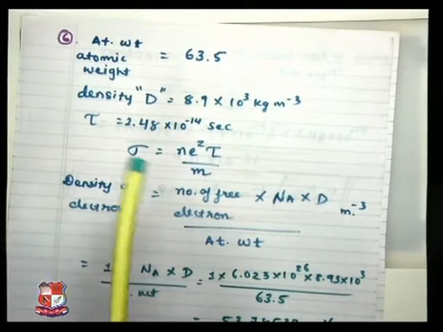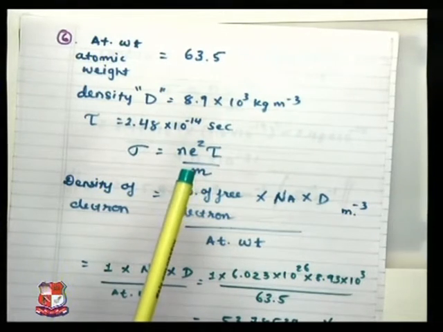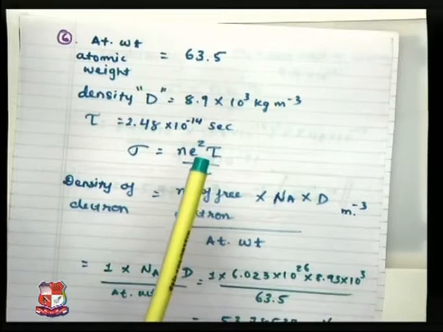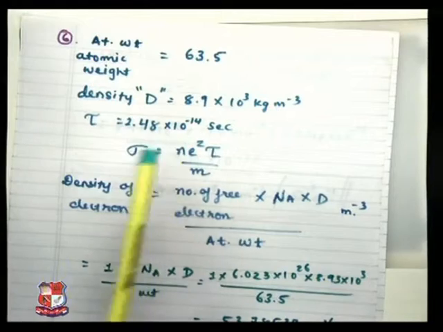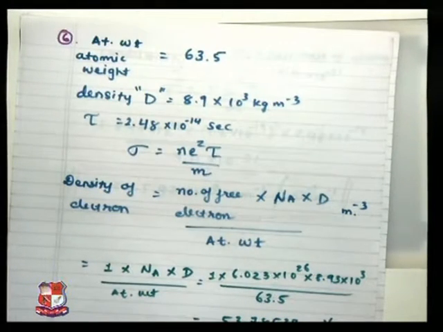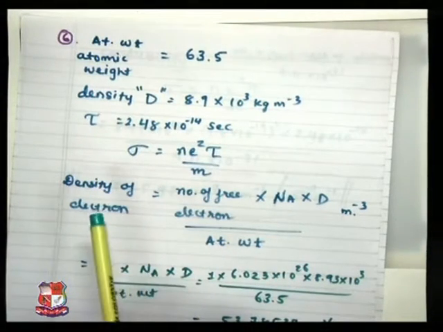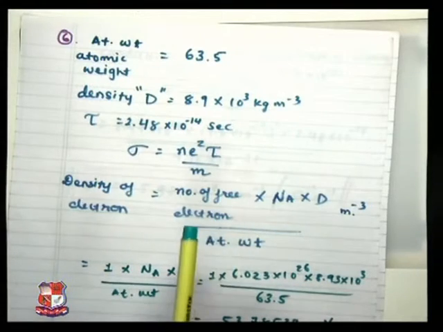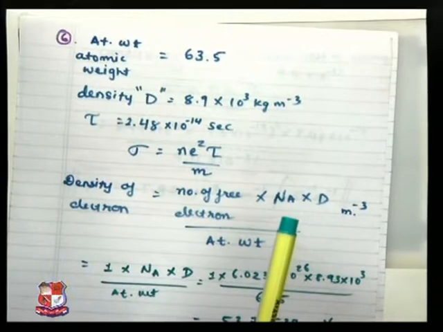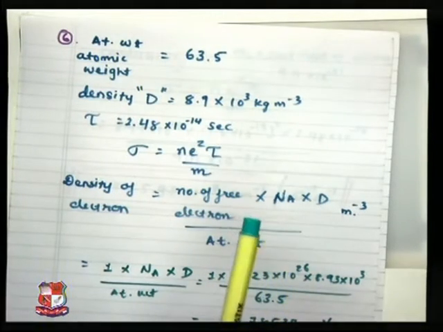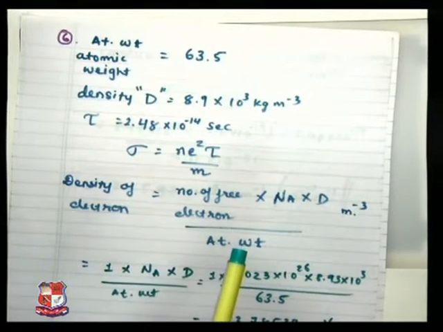Now we have the value of E, tau and m. The value of m is known, tau is known, and E is known, but here we don't have the value of density of electron. So to calculate the density of electron, we have an equation. Density of electron is equal to the number of free electrons multiplied by Avogadro number, N suffix A, multiplied by the density d divided by its atomic weight.